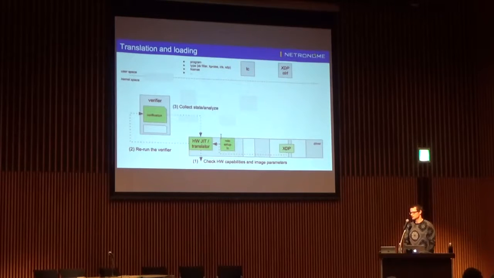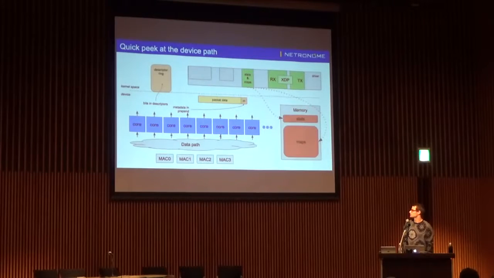And while the verification is being performed, we also collect some metadata about the program. We collect some instruction state basically to help us with the translation later. And once the verification is successful, we will do some optimization, generate the image, the machine code, and load it onto the card.